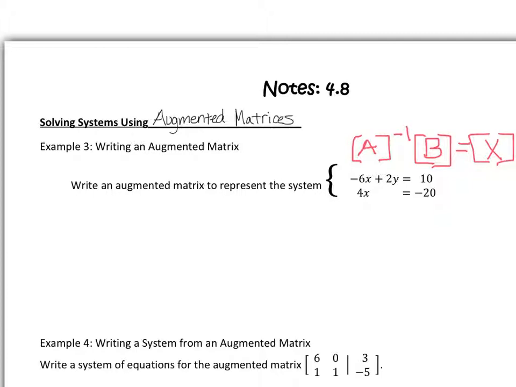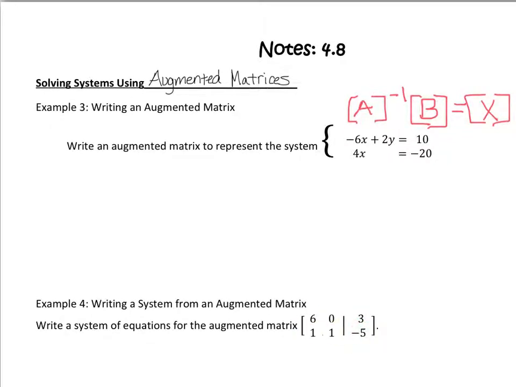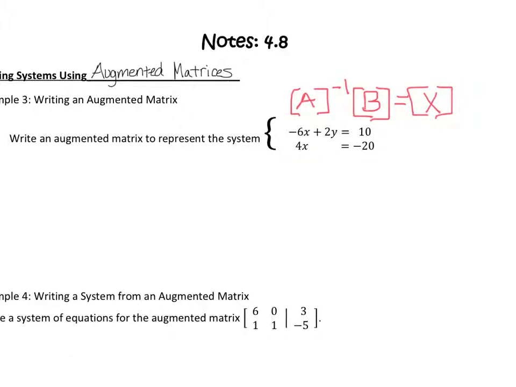Okay, with an augmented matrix, they end up looking something like this. Basically what happens is that a straight line like that replaces the variables and the equal sign.